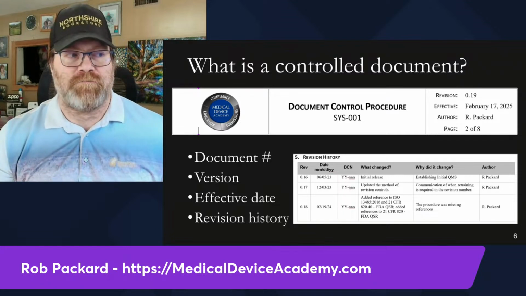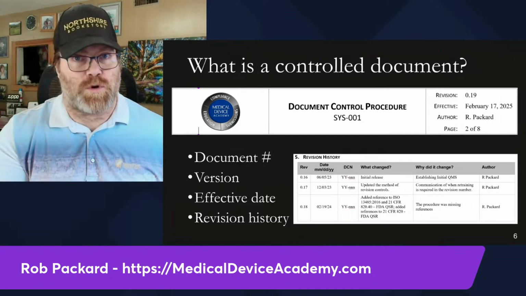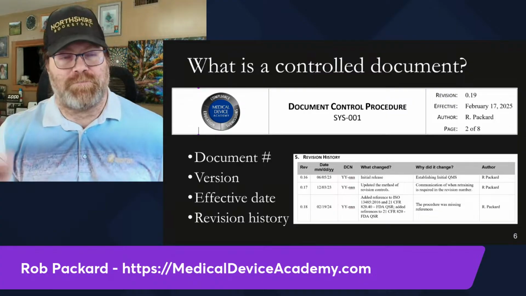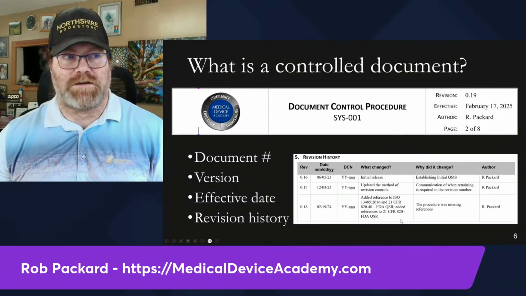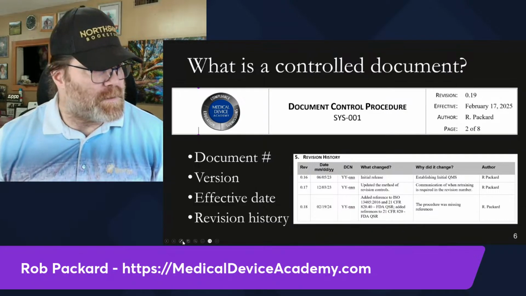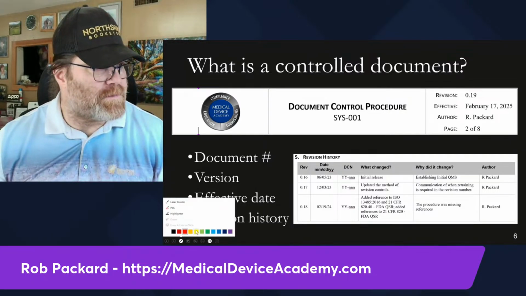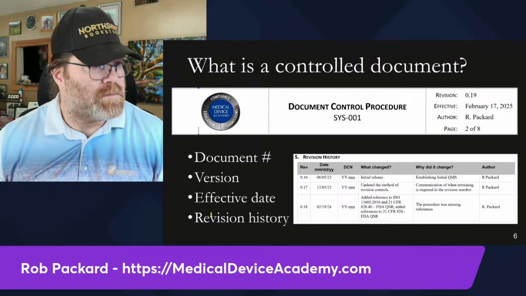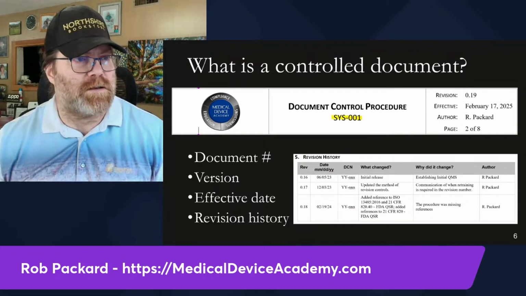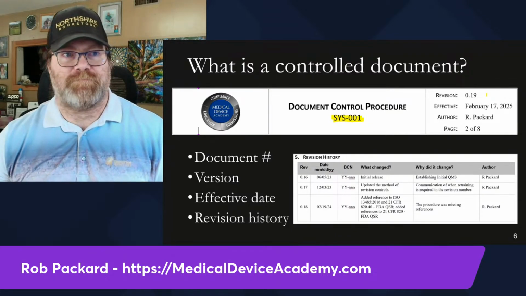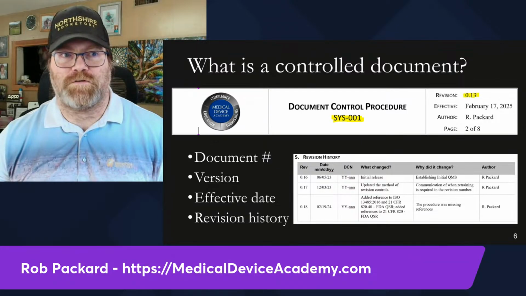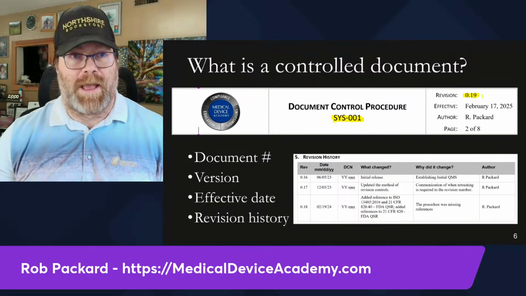So what they're looking for to say this is a controlled document and it's been reviewed and approved is, you have a document number. In this case, our document number, and see if I can get a little highlighter here to help you out, this is what we're talking about. That's your document number. Next, the version. Now we have zeros in front of ours to show they're drafts.